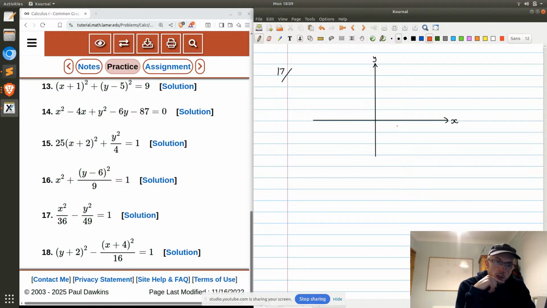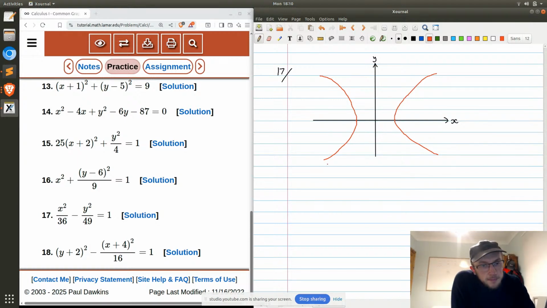Put in 0 for x. No, put in 0 for y. So x squared over 36 equals 1, so x squared equals 36, so x is equal to plus or minus 6. Like that. But tell me, what happens when we put in x equals 0?